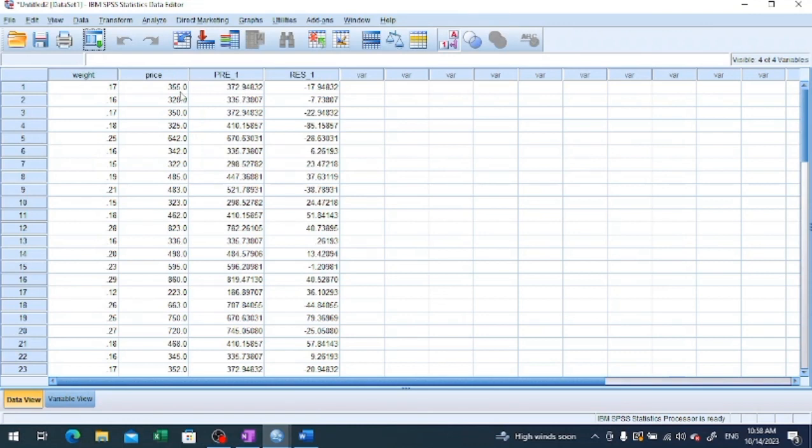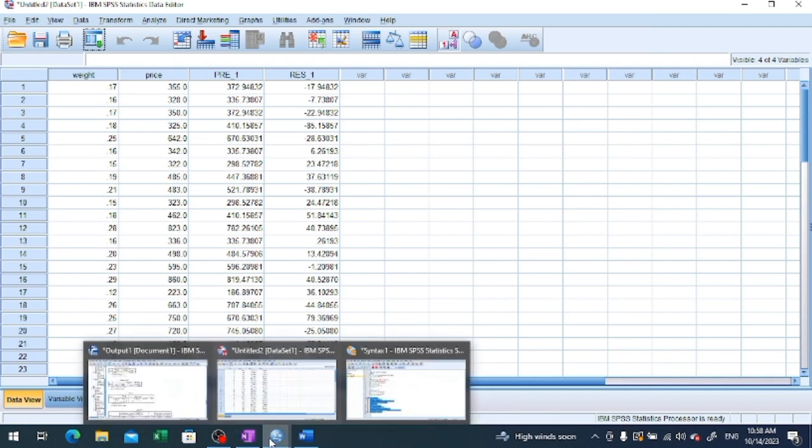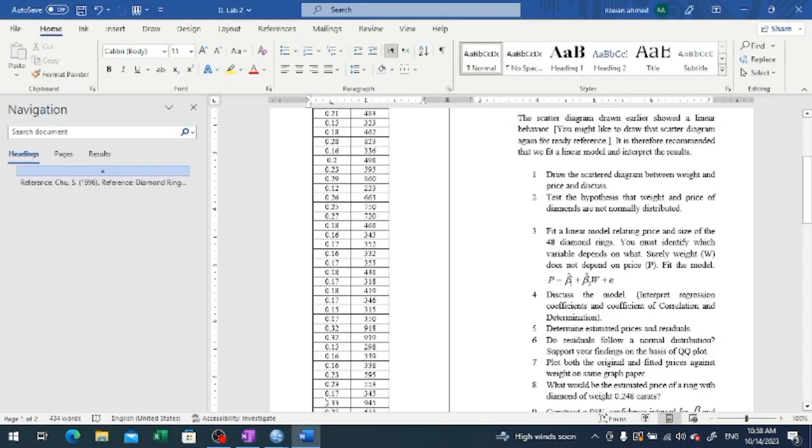So software has computed this value as the difference between these two values. Okay, so this is how we have answered question number 5 as well.